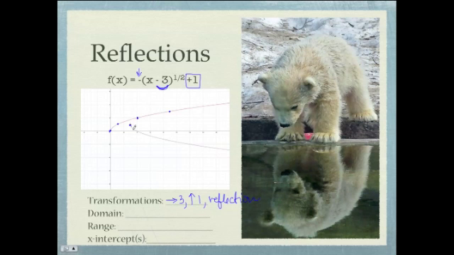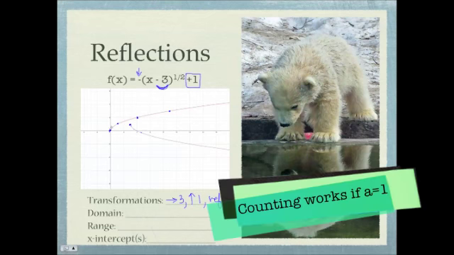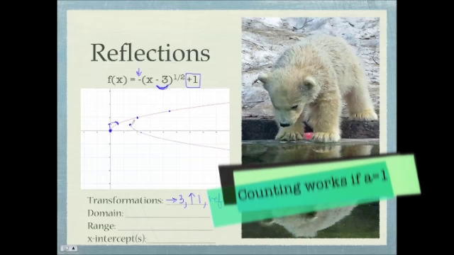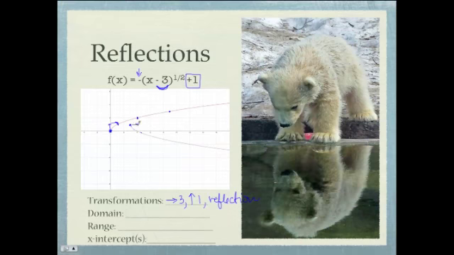But then I'm flipping the other ones. I like to count it. I know that from this point to this point is up 1, over 1. And so if it's a reflection, I know it's going to go over 1, but this time I'm going down.